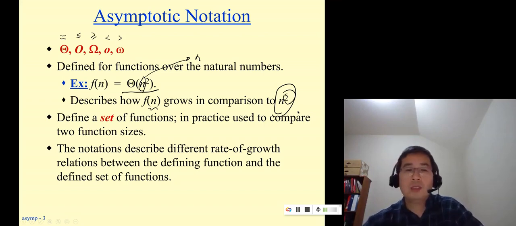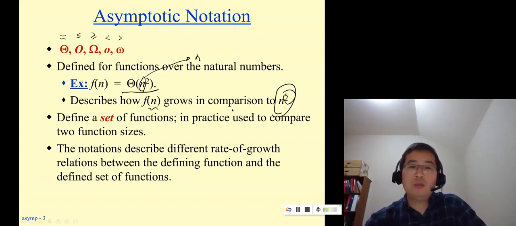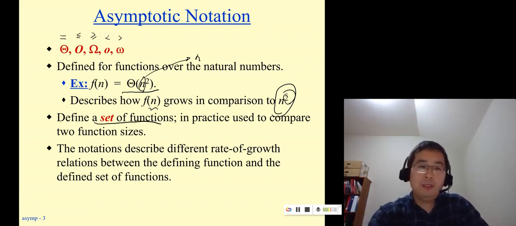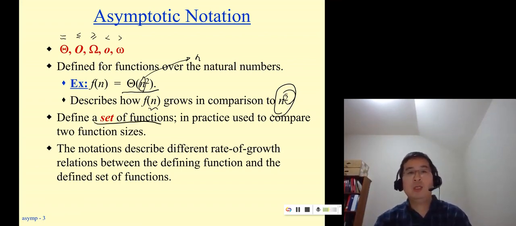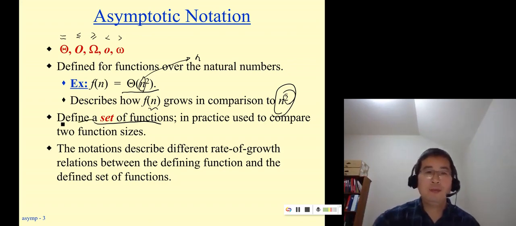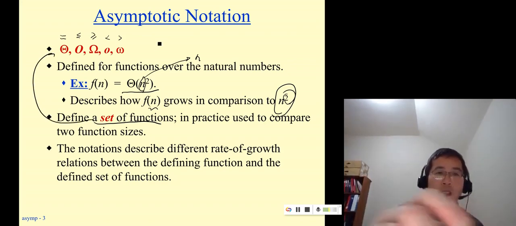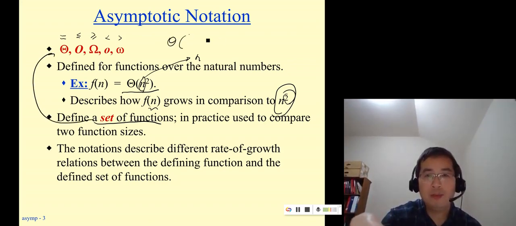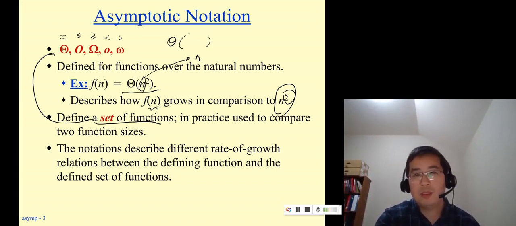For this reason, we want to use a set of functions. So what is the set of functions? In fact, just the asymptotic notation, because you can think of it as an example or representative function inside.